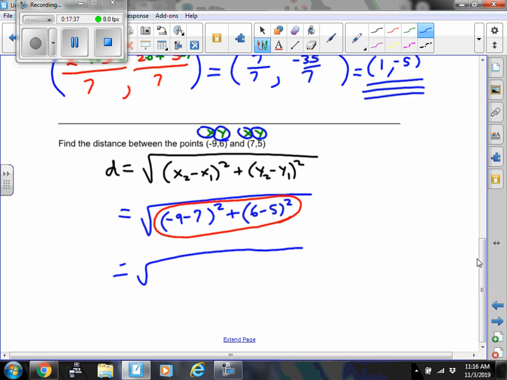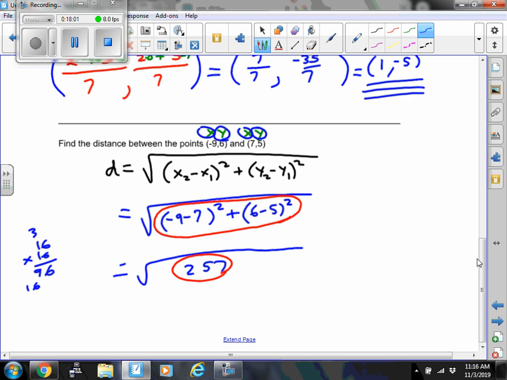If you do that, you should get, now I've got to do this in my head. 16 squared is 256. It's going to come out in your calculator to be 257. So you figure that out, you get 257. Again, you could just do that in your calculator. So when you do the part in red, you're going to get that.